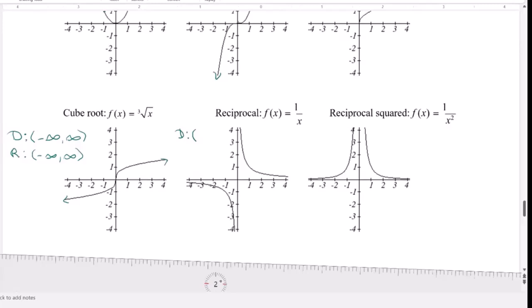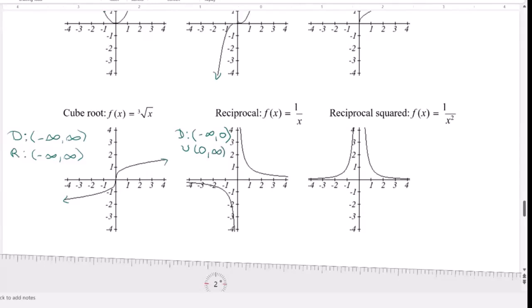So my domain is from negative infinity to 0 union, which means I combine two different intervals, kind of like a plus for intervals, plus I'm going to start at 0 and go to infinity.